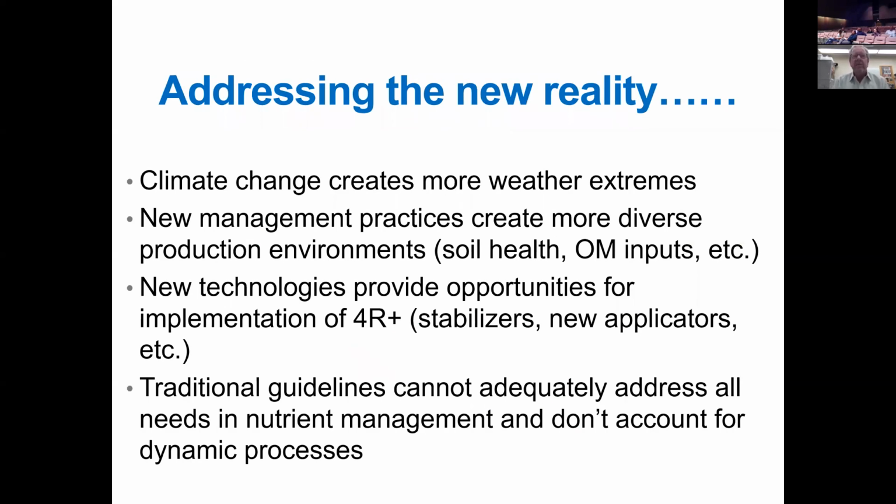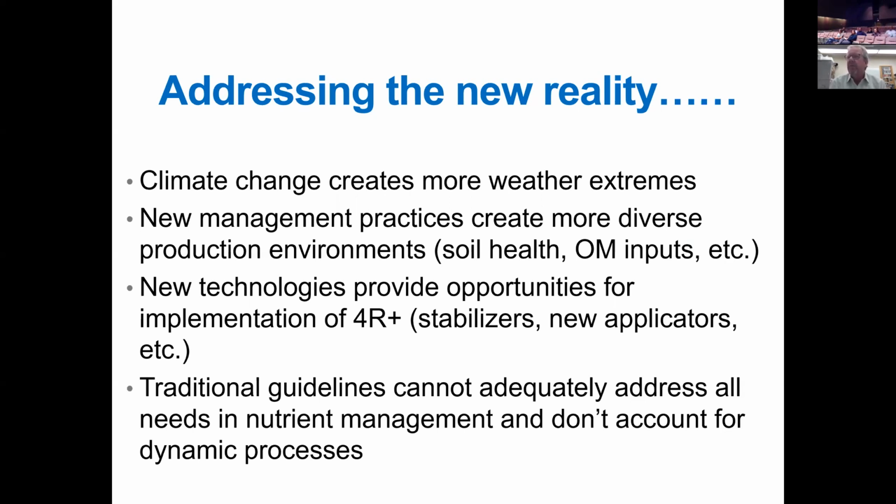So now we have this new reality in the context of soil health, the main topic here. We have climate change, we have more extreme weather conditions, which we know impacts nitrogen. We have more diverse production environments, new management practices, soil health, organic matter inputs, etc. But we also have some opportunities.